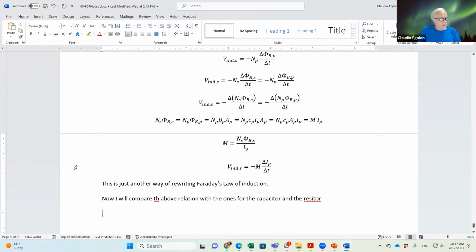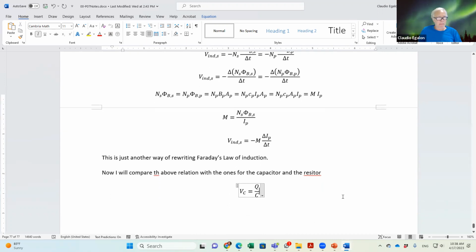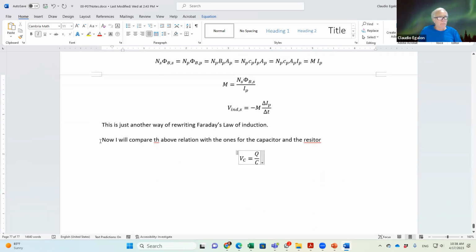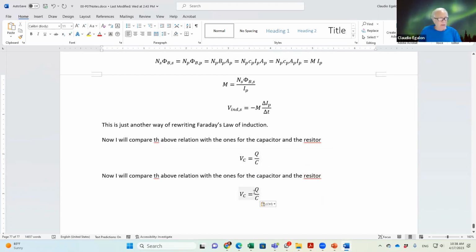Recall that the voltage in the capacitor, I'm even going to put a C here so you can remember I'm talking about the capacitor. The voltage is the charge divided by the capacitance, right? Remember that? V equals Q divided by C, but I'm putting the lowercase c here so you can remember. What about the relation for the resistor? I want to put all those relations side by side.